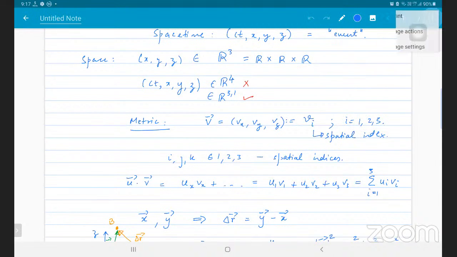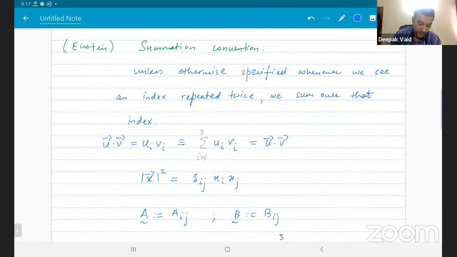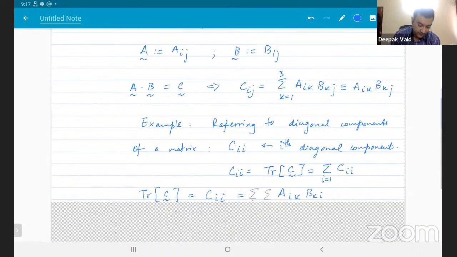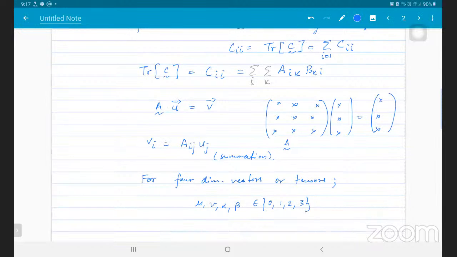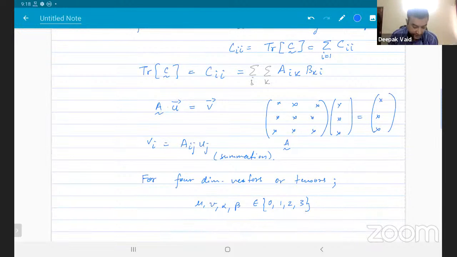So i, j, k, and maybe k, l, m if needed. On the other hand, when I use these Greek indices, then I will be referring to spacetime indices. So spacetime indices go from 0 to 3, 0 being the time coordinate.